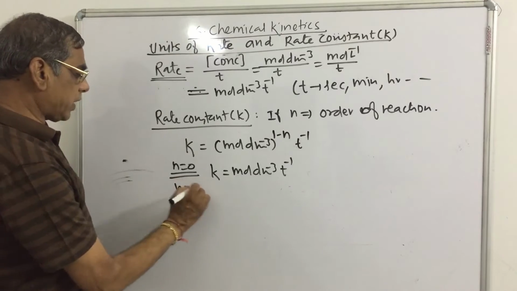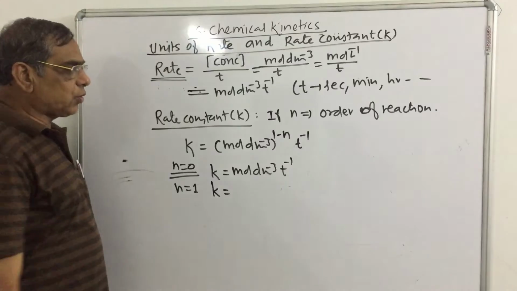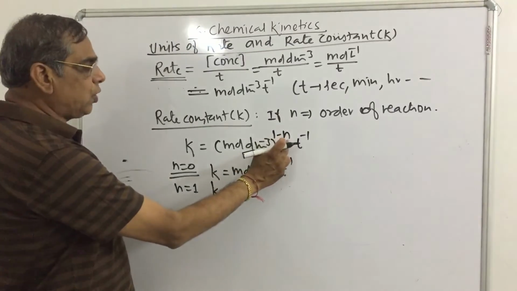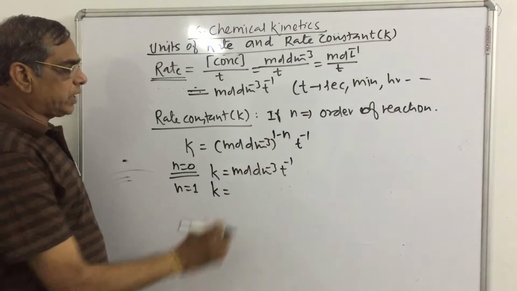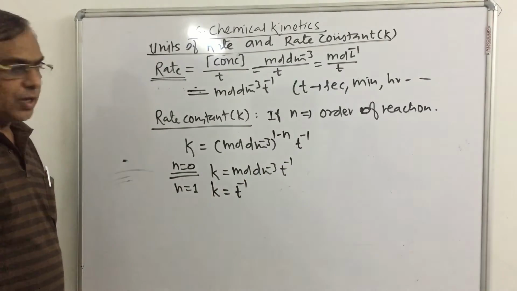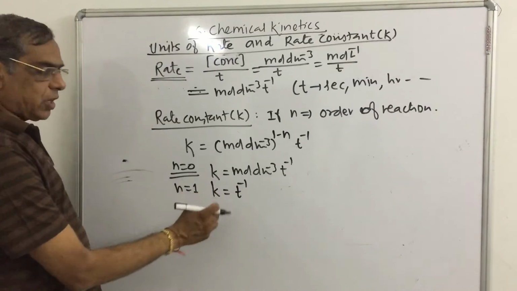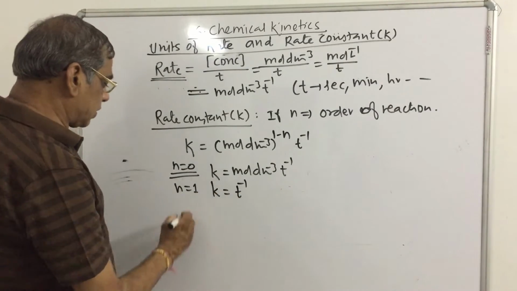For a first order reaction, what is the unit of K? That is mole per dm cube raised to the power 1 minus 1, which is 0, that is equal to 1. So unit is time inverse only. So the unit for a first order reaction is time inverse only.